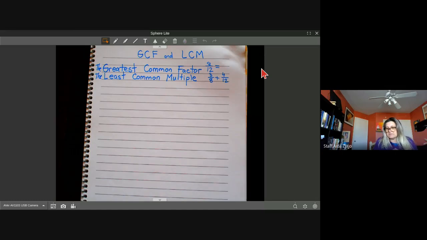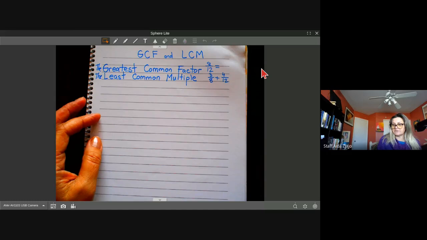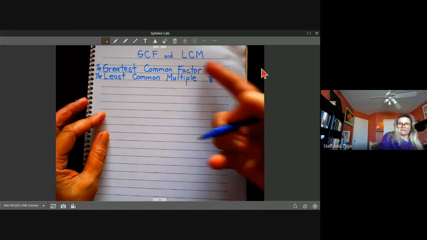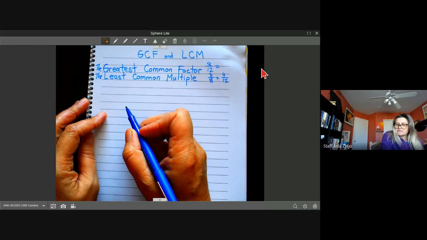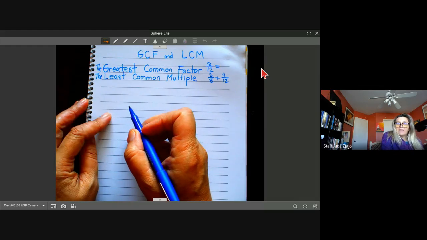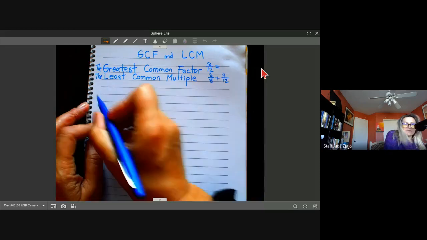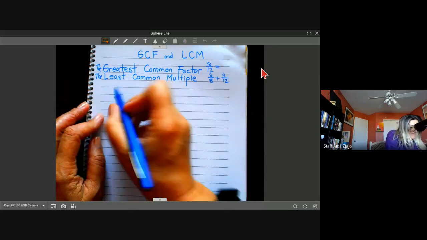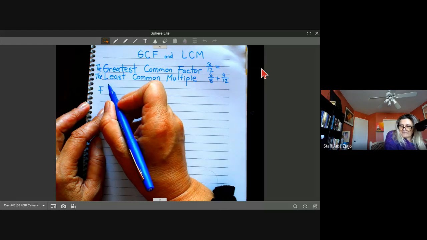So first, we need to know what multiples and factors are, okay? For example, if we take two different numbers, like these 8 and 12, we can find the factors first. Factors of 8 and factors of 12, okay?